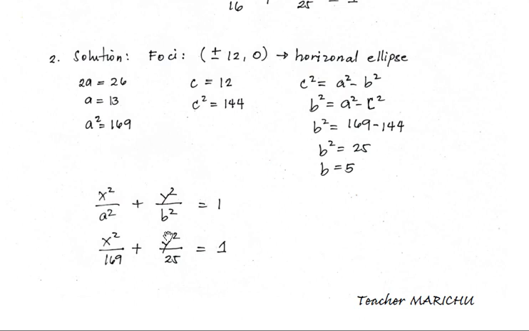But anyway, since this is a horizontal ellipse based on the given foci, we expect that a is greater than b. So a squared, 169, is on the x part, and b squared is on the y part. So the required ellipse is x squared over 169 plus y squared over 25 equals 1. This is the equation of a horizontal ellipse in standard form.